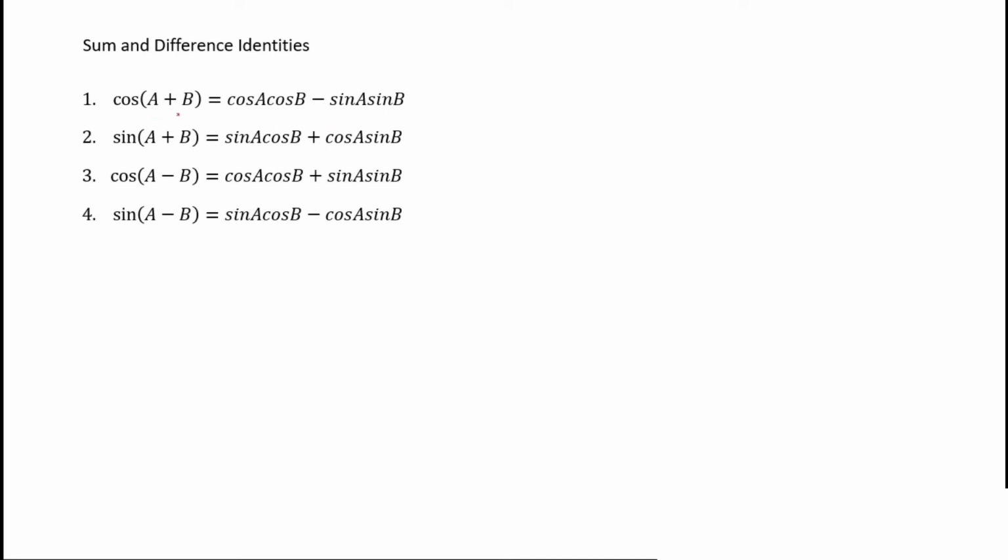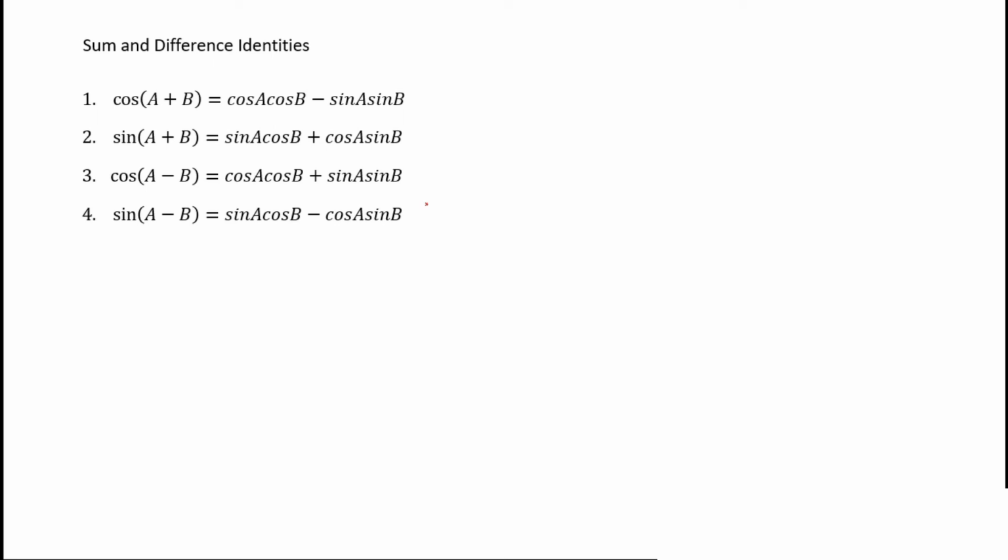Cosine of the sum and the cosine of the difference both go cosine, cosine, sine, sine. Follow me? Cosine, cosine, sine, sine. Whereas the two sine identities go sine, cosine, cosine, sine. They alternate. That's one way that might help you keep them straight, so you can remember the identities.